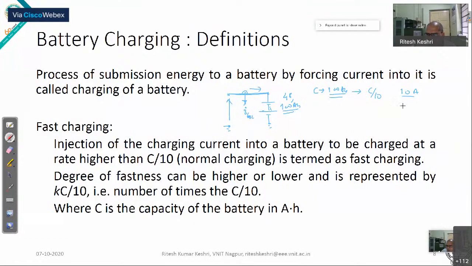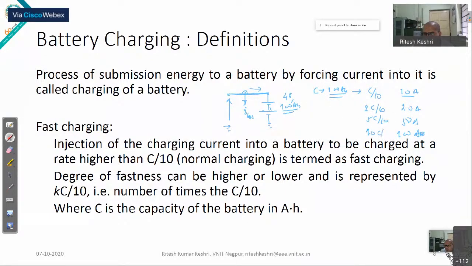But let's say that you charge it with 20 ampere or 50 ampere or 100 ampere. So what you are doing is injecting more and more current. This will be 2C by 10, so 2 times faster than the normal charging. 5C by 10 is 5 times faster than the normal charging.